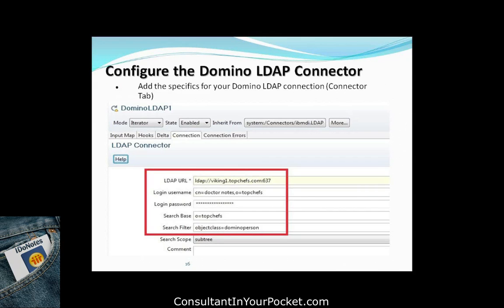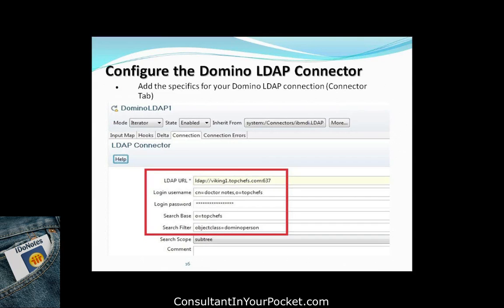Now, after you set up your connector, the next thing you're going to do is set up the connection to your Domino LDAP server. And a couple things that you'll notice here, we're using a non-standard LDAP port in our example because we were running everything on the same server instance.